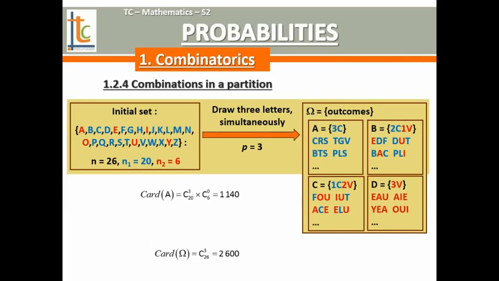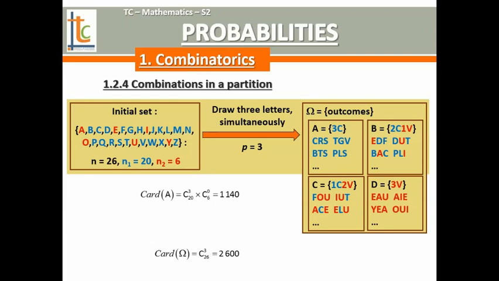That means that you have to choose 3 consonants in the subset of 20 consonants, and no vowel in the subset of 6 vowels. After having multiplied them, the result is 1140. You can notice that C6,0 equals 1.